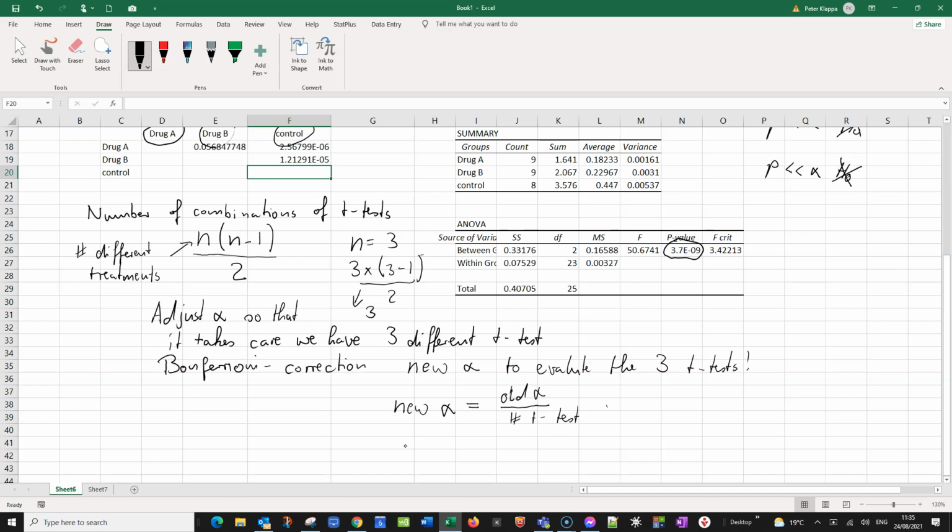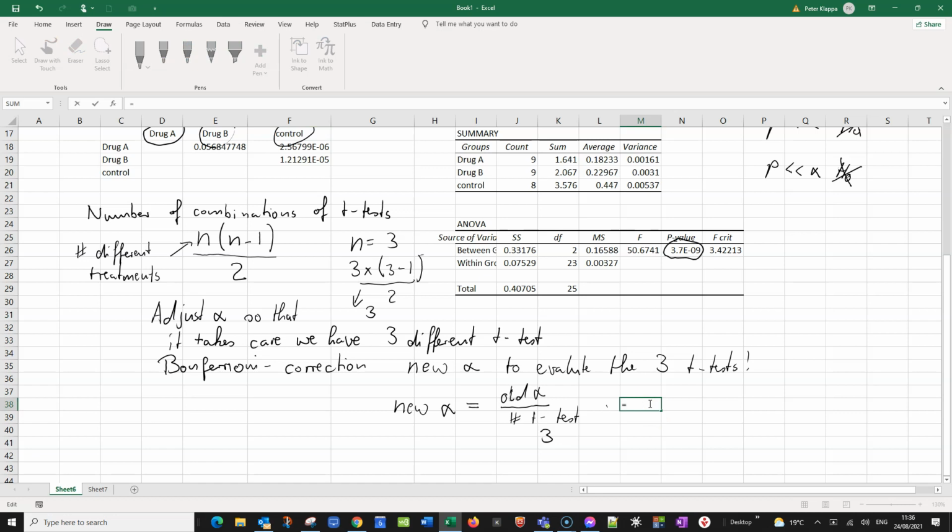Irrespective of whether we are just doing 1 or 2, in this case we could do 3, and therefore we divide our alpha by the potential number of t-tests that we need to do.